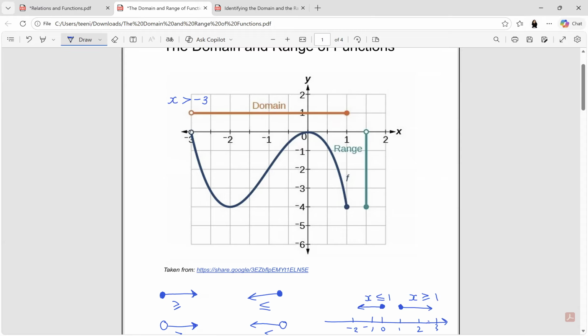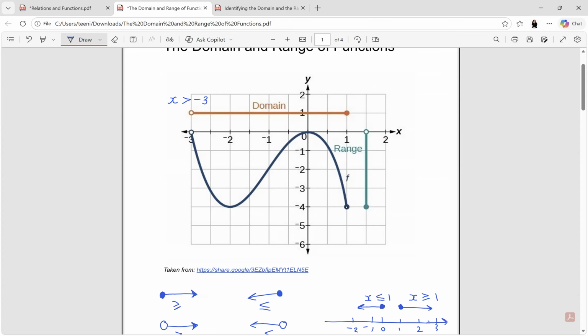And since it's an unshaded circle, it's an exclusive inequality, so -3 is not included in that solution, right? However, on the right-hand side here, you have all of the values to the left of +1, and you have a shaded circle.